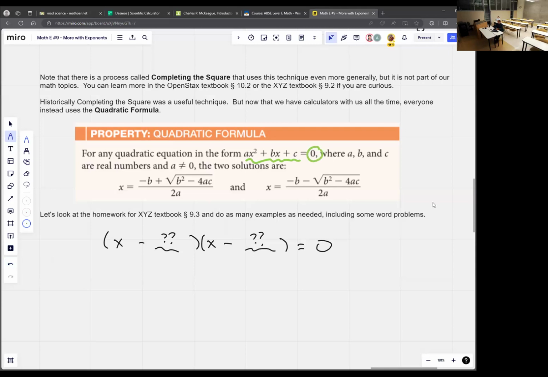If this isn't 0, just move it to the other side and combine it with c, and then it is 0. Then I can find the answers. I can find what goes in these factor spots. I can find what makes 0 when I plug x in. Those are all different ways of describing the solution. Using this formula is a little complicated, but it's worth it, because now I don't have to factor anymore.